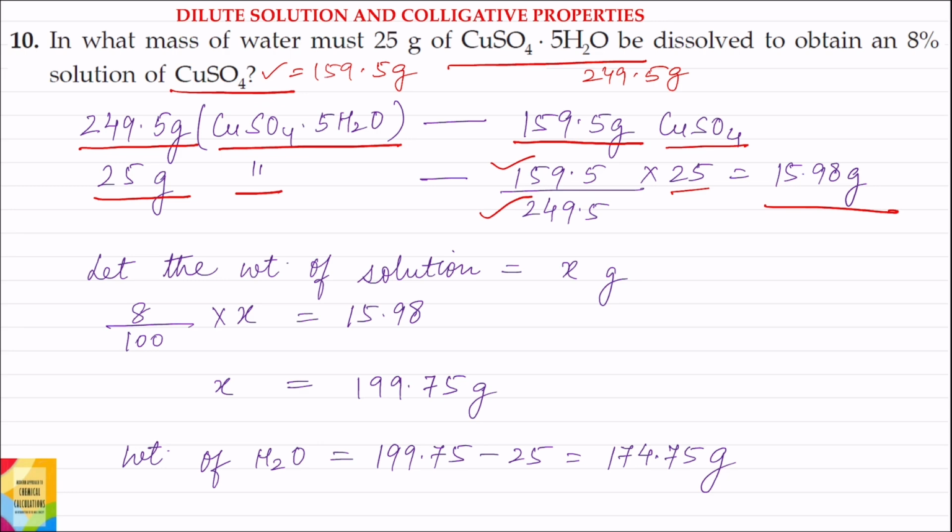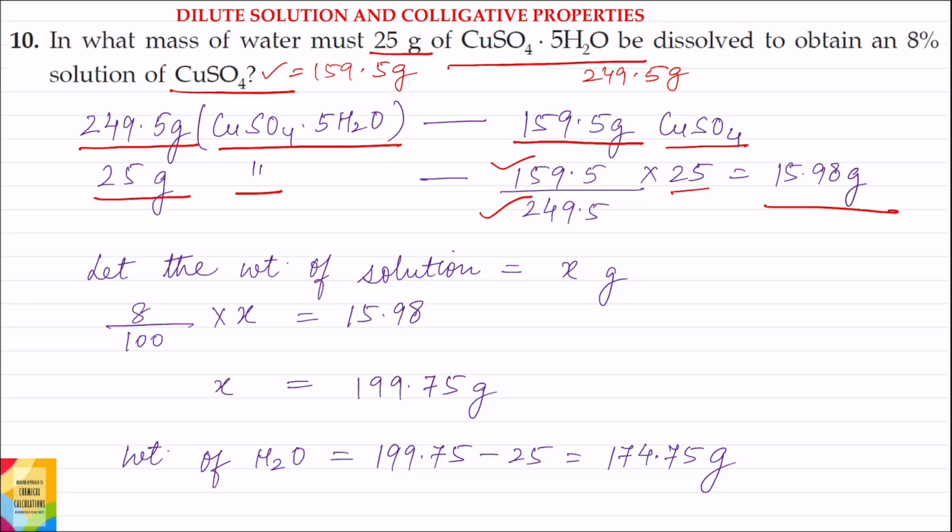Now in the question they have asked what mass of water must 25 gram of hydrated copper sulfate be dissolved in to obtain 8% solution of anhydrous copper sulfate. Now the weight of hydrated copper sulfate that has to be dissolved is 25 gram, which contains 15.98 gram of anhydrous copper sulfate.